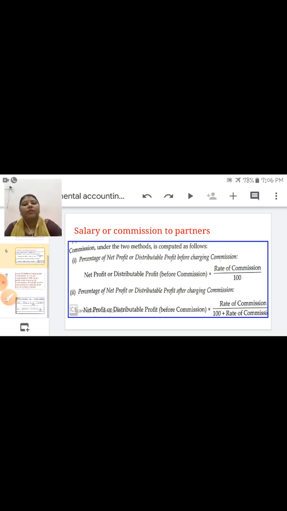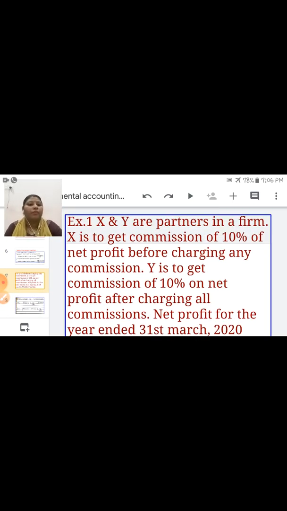Now, let us do one question. X and Y are partners in a firm. X is to get commission of 10% of net profit before charging any commission. Note down this line: 10% of net profit before charging any commission. It means you have to find X's commission by multiplying the net profit by 10 upon 100.